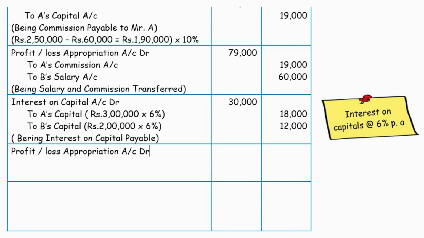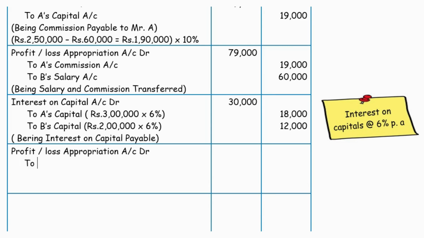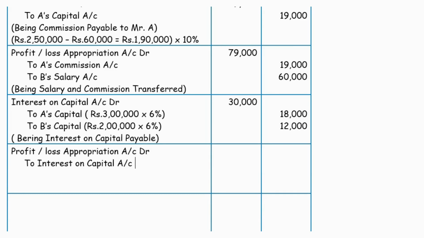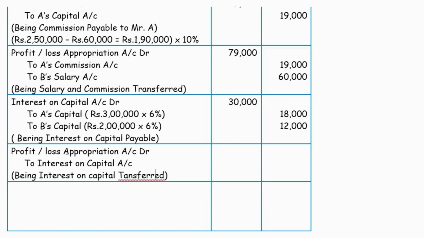So profit or loss appropriation account debit to interest on capital account, being interest on capital transferred. The firm pays 30,000 as interest on capital. So all the set points are noted.